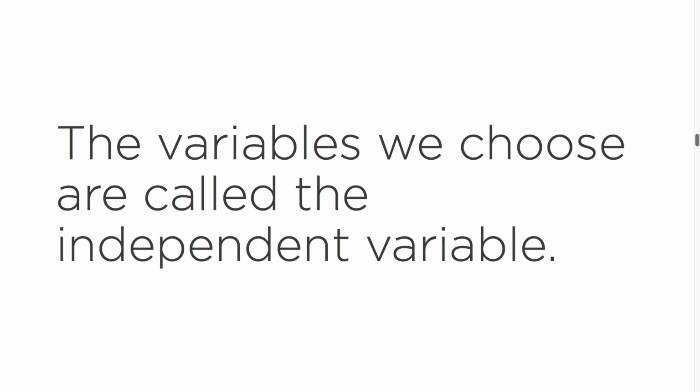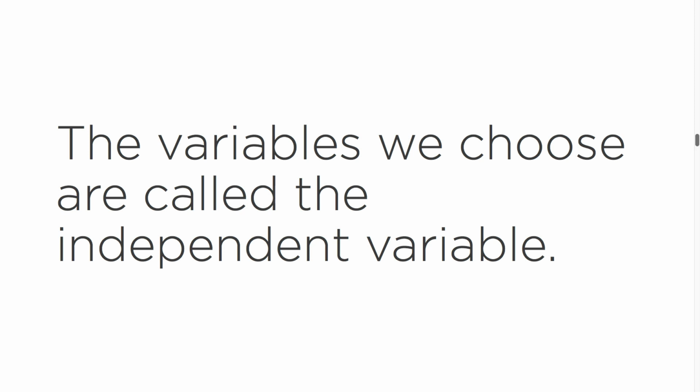The variables we choose are called independent variables. We choose a variable to say this is the variable that we are going to, for example, for a moving car, choose distance moved. We could say we're going to measure the speed at every 500 meters.